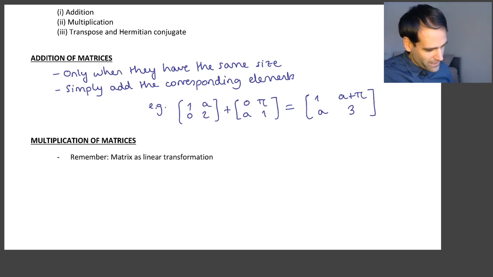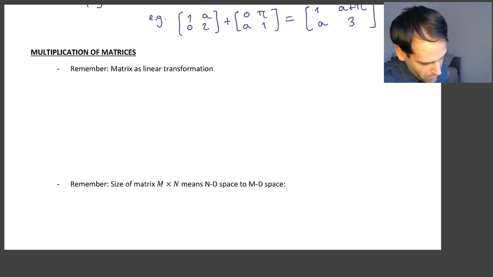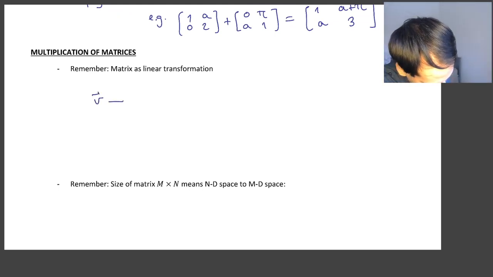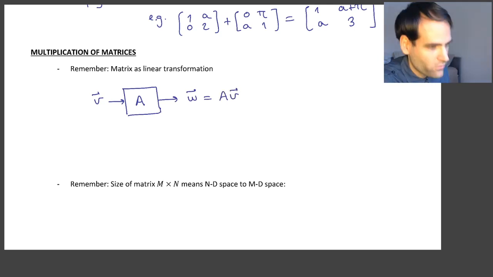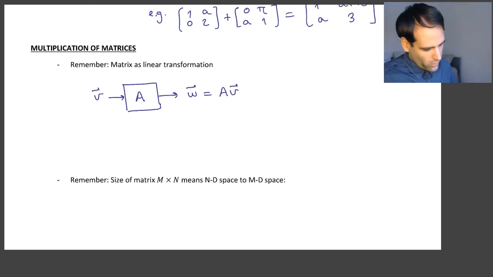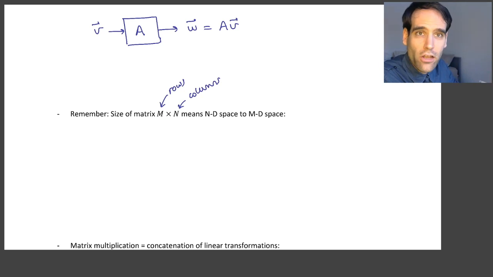Now, much more interesting and useful is how to multiply matrices, okay? So let's remember the fact that a matrix is a linear transformation of a vector. So you have a vector v, and you apply a transformation on it, and the result is a vector w, which is equal to A times v. Also remember that the size of the matrix, which is in general m rows and n columns, you always say the rows first and the columns second.